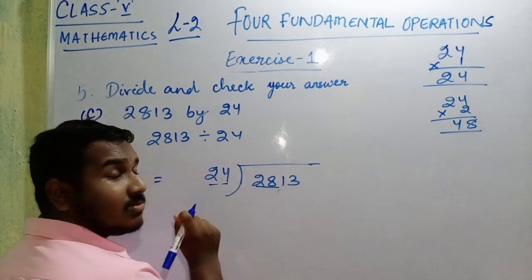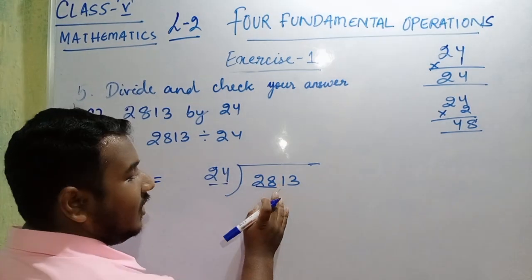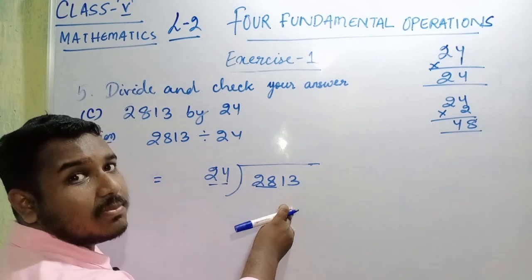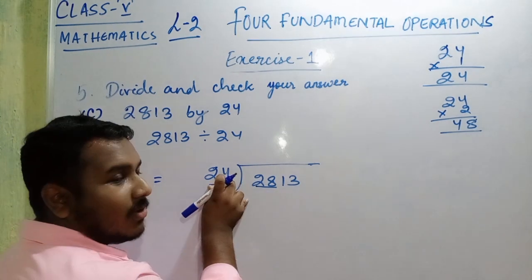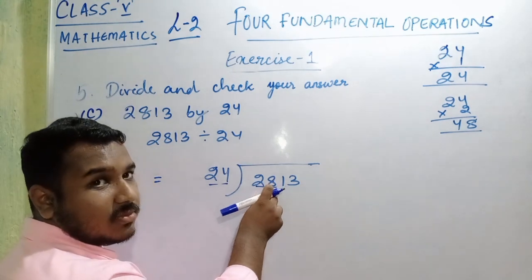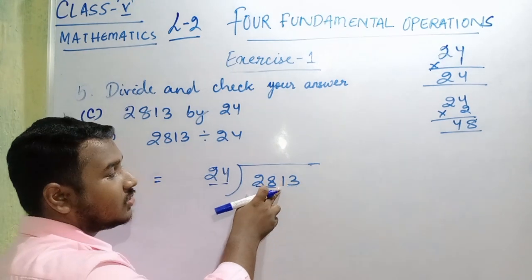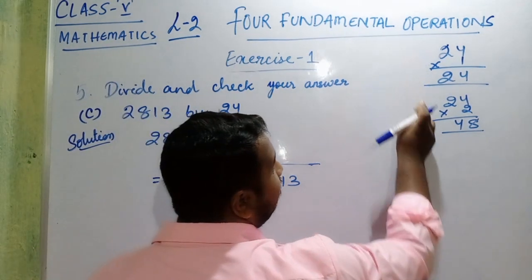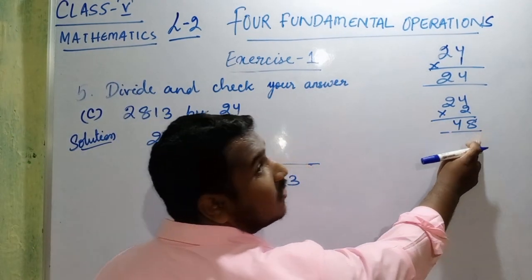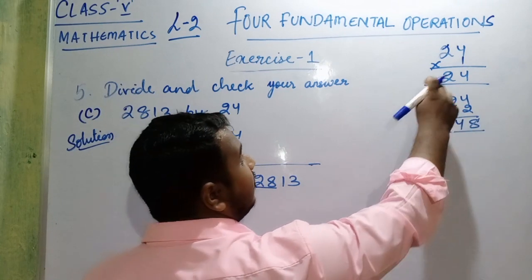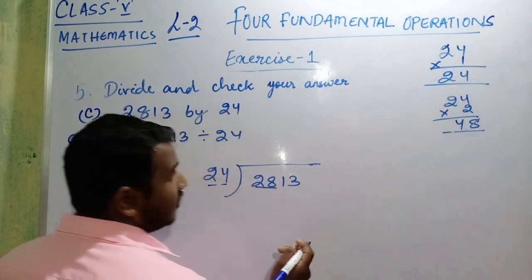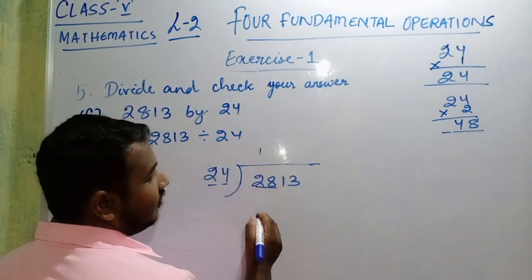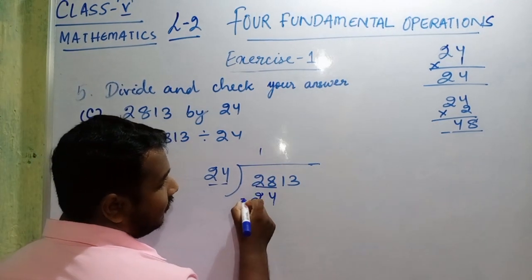Now 28 is bigger than 24. If it is smaller, then you will take a 3-digit number. It is very simple logic. Up to where it is small, you will take one more digit. So now it is a bigger number than 24. Now 28, 24 2s are 48. So 24 into 1 gives 24, so we take the nearby smaller number. So 24 1s are 24.